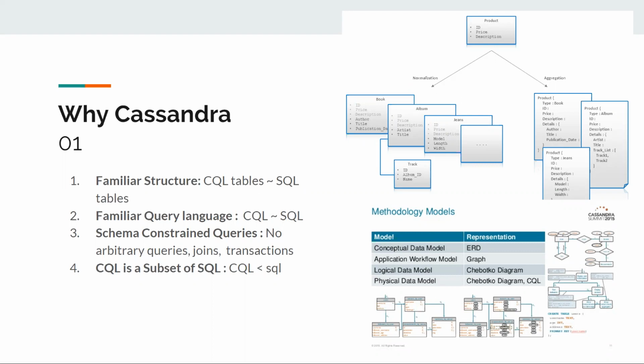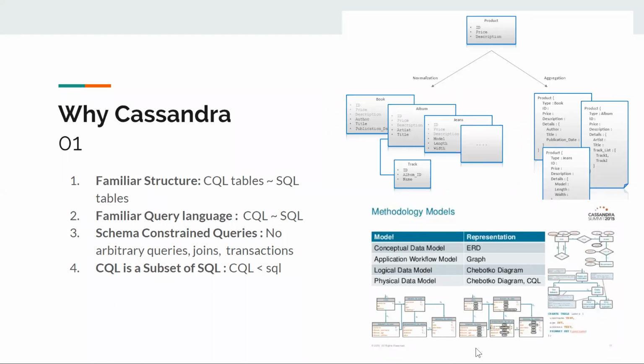So if you wanted to build your next generation cloud platform and you had a choice between MySQL or SQL Server or Oracle with a master-slave architecture, or using Cassandra, you'd probably use Cassandra because of the way it's architected. I'm not going to go too much into the methodology.